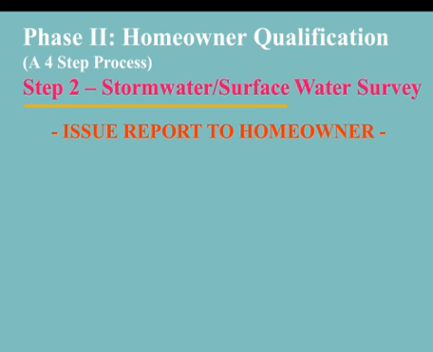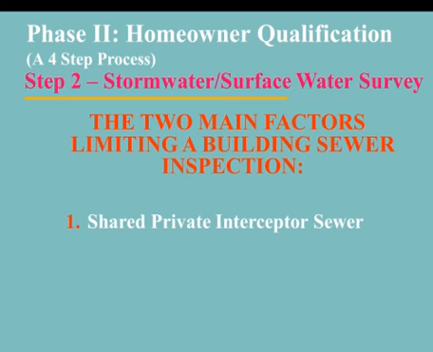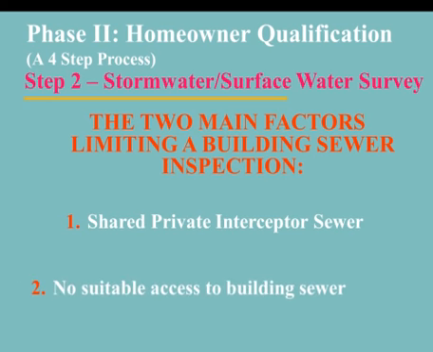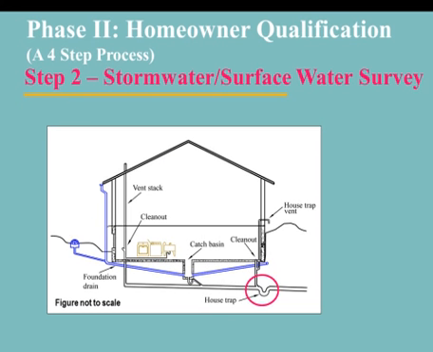During the stormwater surface water survey, you'll get a report with these recommendations. The two main factors limiting building sewer inspection are if you're on a shared private interceptor sewer or no suitable access exists into the building sewer. If you've got a house trap, the people running the televising camera will not put their camera through that. We don't need them anymore.